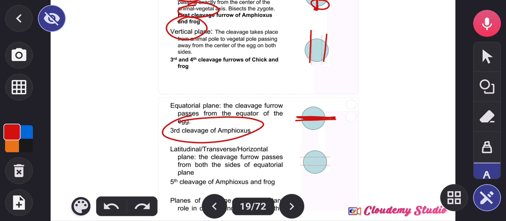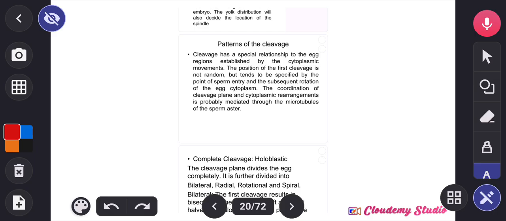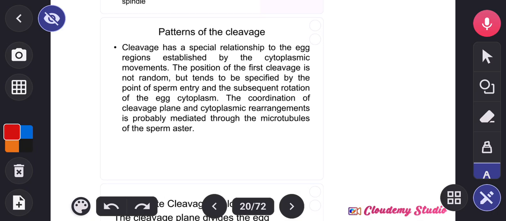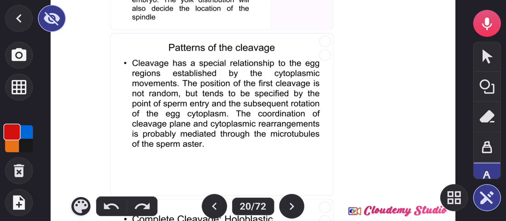It does not pass through the center. So it is also called transverse or horizontal. These are the planes of cleavage. Now let us talk about the patterns of cleavage.